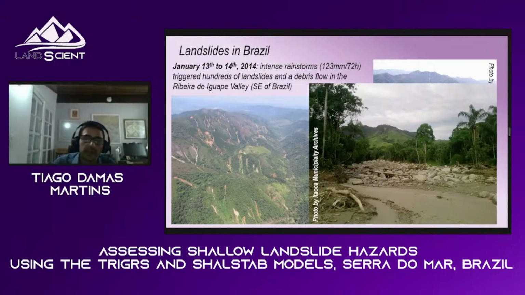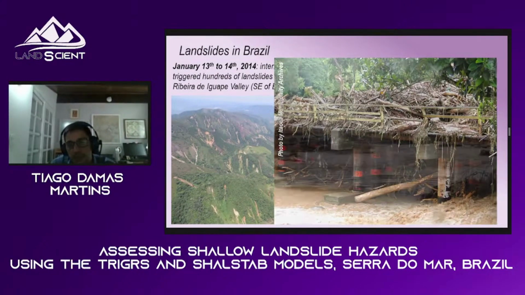So the mass movements happen in the upper valley, but the debris reached the bottom valley, and the water carried the blocks itself, as well as the wood, the trees, and the finer sediment, and the trees reached the town and destroyed the infrastructure, as you can see here.